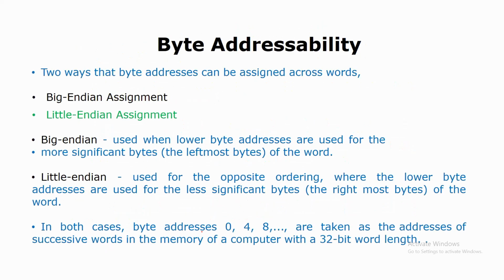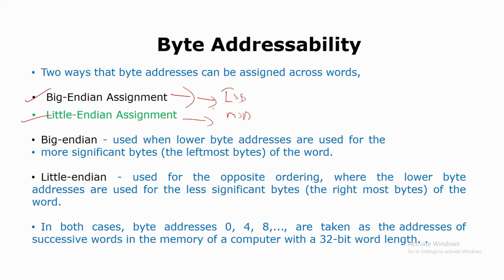So the next thing we are going to see is big endian and little endian. These relate to the least significant bit and most significant bit. The big endian format means the most significant byte is stored at the lowest memory address.